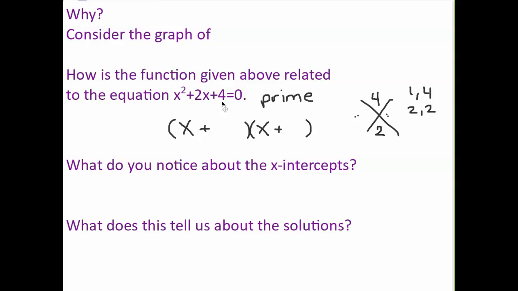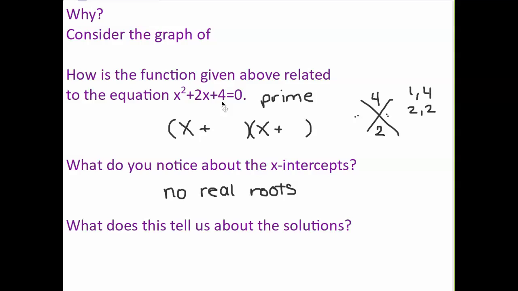So this is prime. When you look at your graph, does my graph have any x-intercepts? No. So if it can't be factored, and there are no x-intercepts, then we say that the graph has no real roots. Or previously you might have said it had no solutions, because the x-intercepts are another word for the solutions.